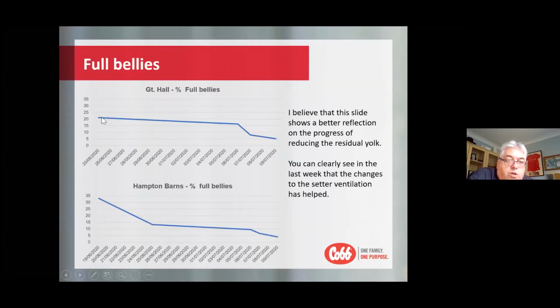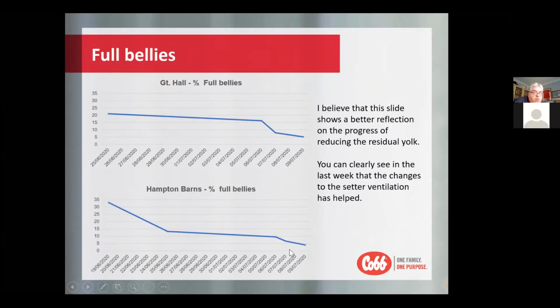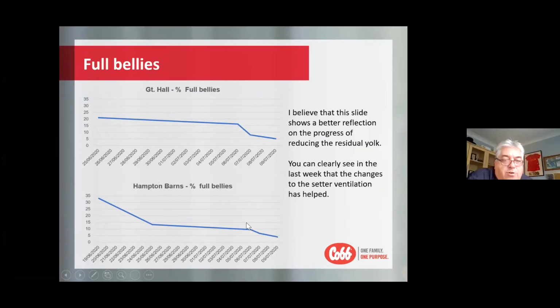What we started doing is palpating the abdomens of the chicks to feel for full bellies or solid bellies. And you can see as we started getting the weight loss greater and the moisture down to achieve that, the number of full bellies is reducing. So we haven't got that excessive yolk present.